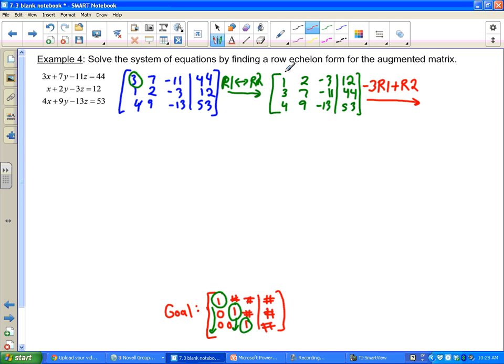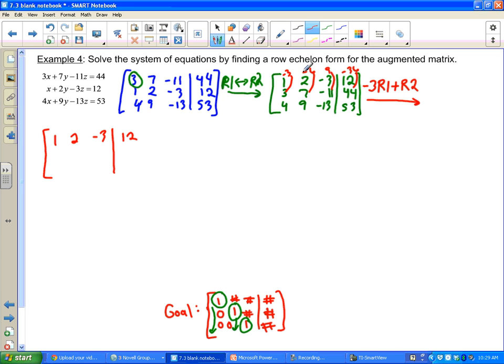What I find helpful is to actually multiply this row by -3 and write it up above it. So that would be -3, -6, 9, and -36. Now we're going to add it to the second row. When we do this, the first row doesn't actually change. We're using the first row, but we're not changing it in any way for the next matrix we write.